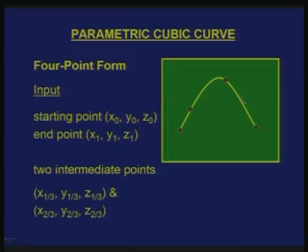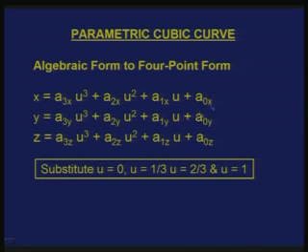How is that? If I look at the algebraic coefficients, this is my starting point. I have defined this, and now I can substitute for those 4 points which are the input. So, what are the inputs? x0, y0, z0, which are shown here.